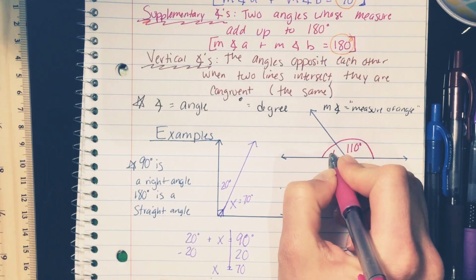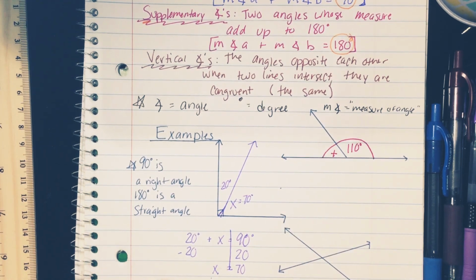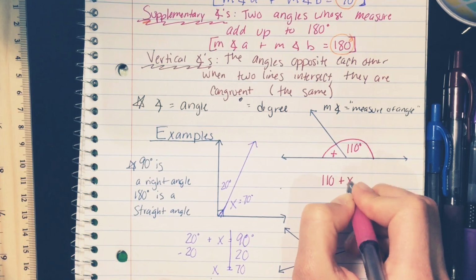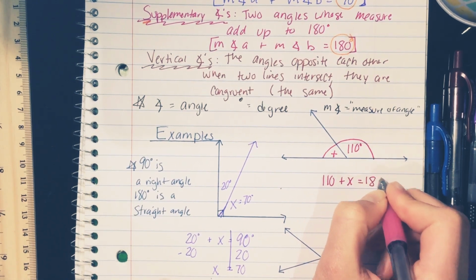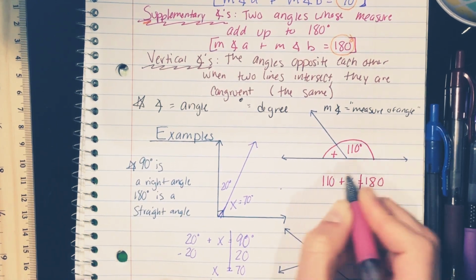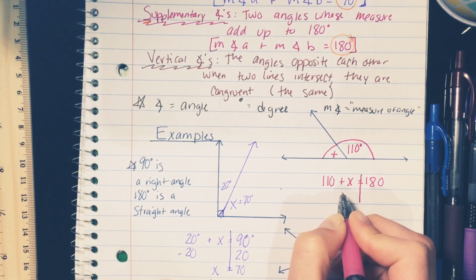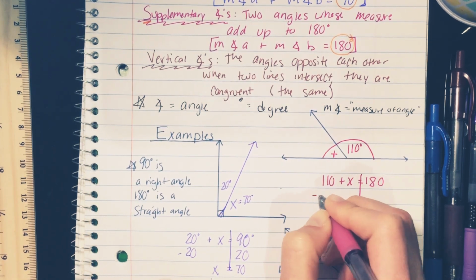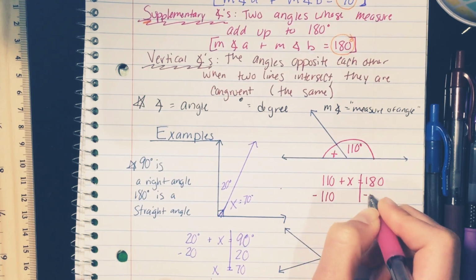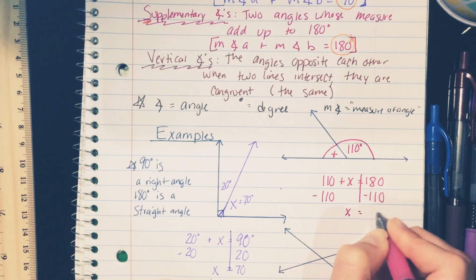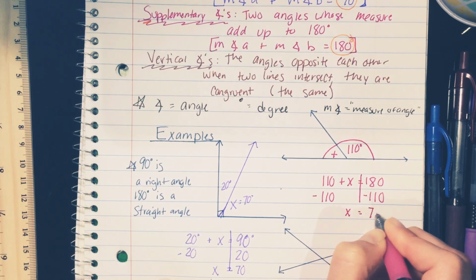So this right here would equal what? All right, so let's write it out. 110 plus x equals 180. I draw a line down the equal sign. I take what is not attached to the variable and perform the opposite operation. So I subtract 110, subtract 110, x equals 70.